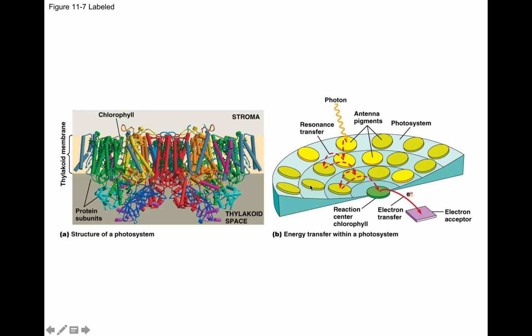When it's transferred to other pigments in the array, eventually that will transfer to the reaction center chlorophyll, which now is not going to transfer it to another pigment, but instead the electron is actually going to physically leave the molecule instead of just going to a higher energy level and coming back. It's going to leave the molecule and go to an electron acceptor.